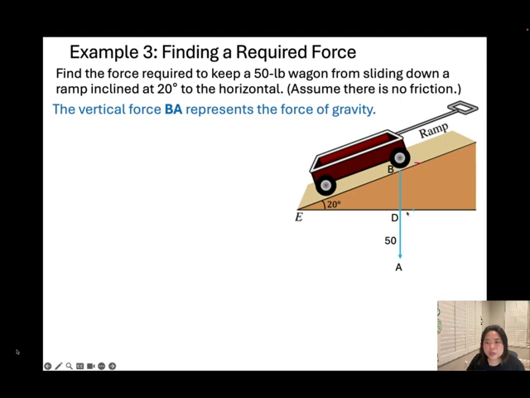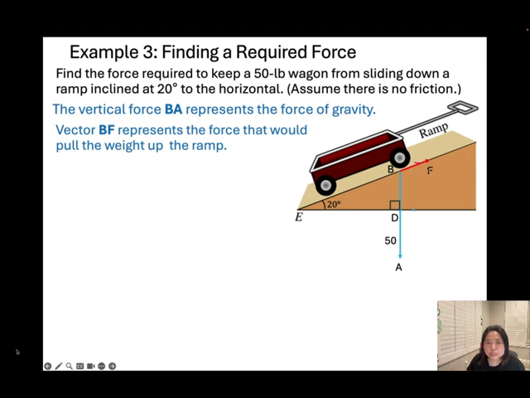This creates a right triangle, with a 90 degree angle here. Okay, and then we are looking for the force F to keep this wagon from sliding down. So we're going to be going up. The BF represents the force that would pull the weight up the ramp.